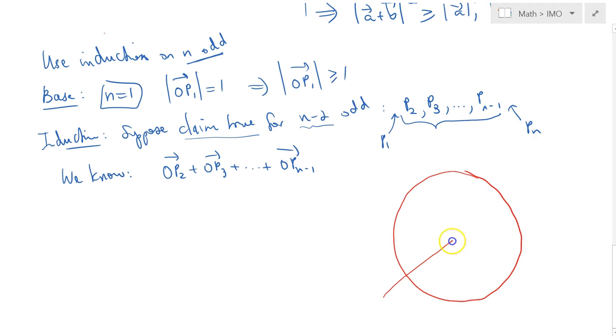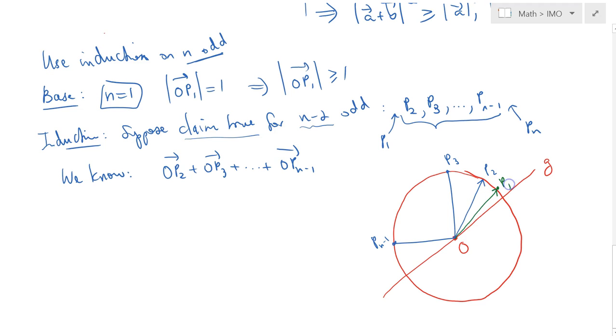Again, we have our unit circle, the line G, the point O, and then on that unit circle we have the vectors OP1, OP2, OP3, and so on, and finally OP sub n minus 1. Let me draw them with different colors.